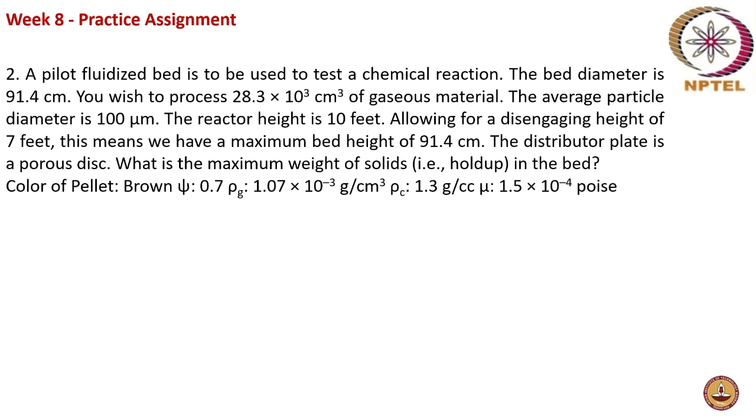So that is the volumetric flow rate, or volume of the gas, that is to be processed. And then this fluidized bed has the catalyst particle, and they have given the diameter of the catalyst particle to be 100 microns, right? That means 0.1 millimeter, or 0.01 centimeter, correct? Yes. And then they have given the total reactor height is 10 feet.